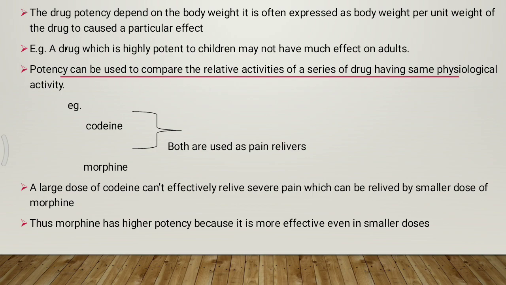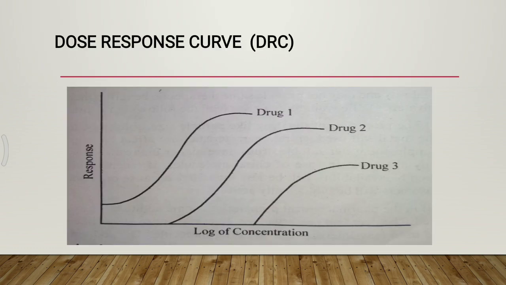Next, the dose response curve. On the y-axis there is the response, on the x-axis there is the log of concentration. Dose response curve for drug 1, for drug 2 and for drug 3.